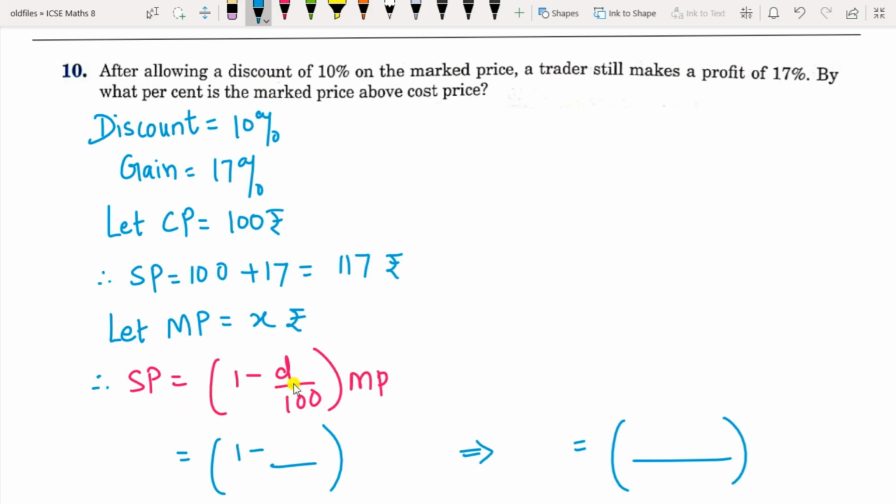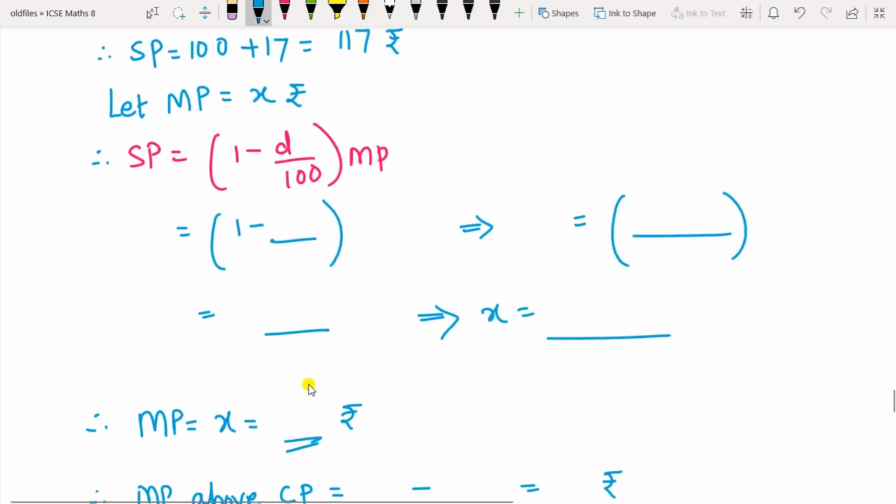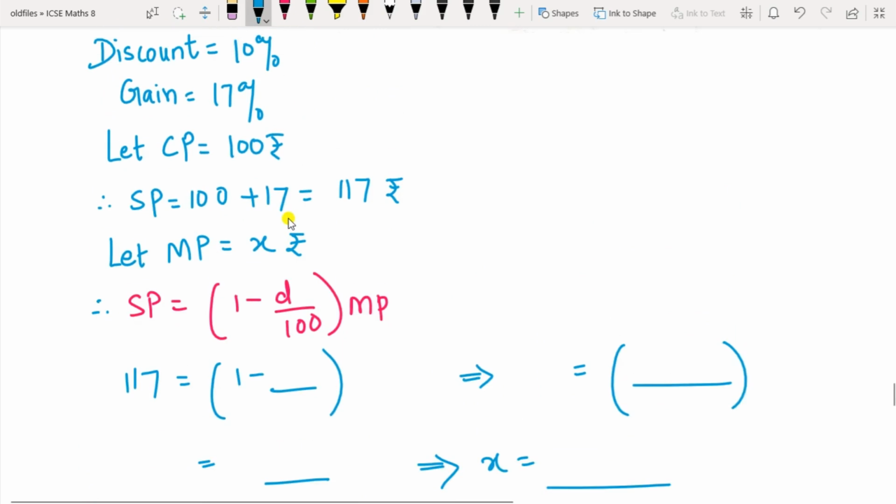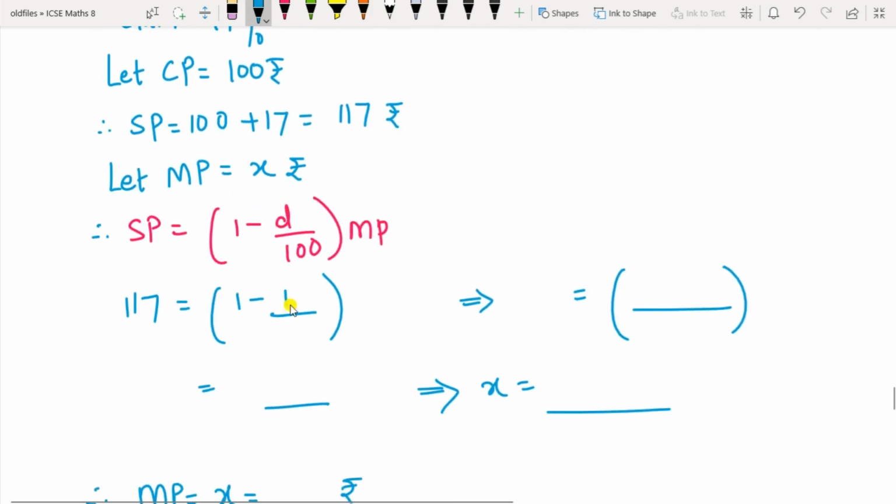Let MP be X rupees. Again the same formula, SP equal to 1 minus D upon 100 into MP. So this is 117, 1 minus D is given as 10 upon 100 into mark price is X. So this becomes 117 equals 90X upon 100.